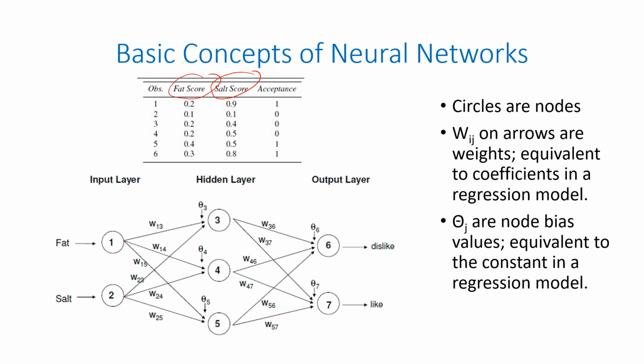The target variable is acceptance, which indicates whether the consumers liked or disliked the cheese. As you can see, this is a binary class classification problem where the target variable is categorical with 2 distinct classes, like and dislike. Let's use like as the target class or class 1, and dislike as class 0 in this case.